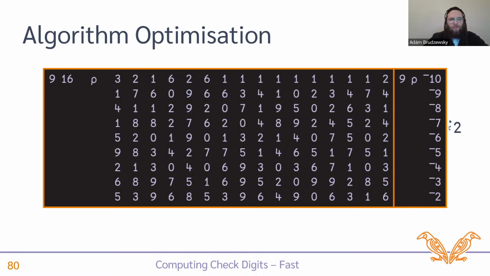Now when the computer comes to compute the products, it can take one digit, which is the first row, and multiply by one number from our vector of weights. And so this allows the computer to distribute a single number, the weight, to a lot of numbers and use as wide vector instructions as are available, because we have a large amount of data. And this is going to be much more efficient.